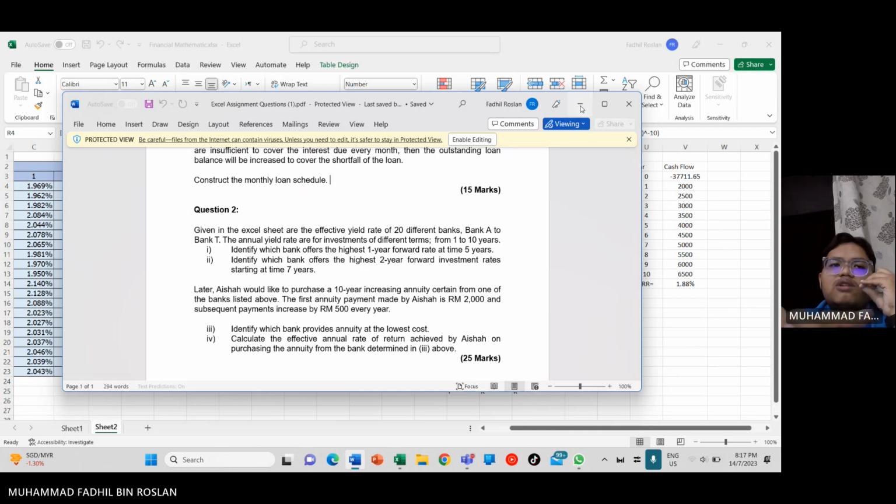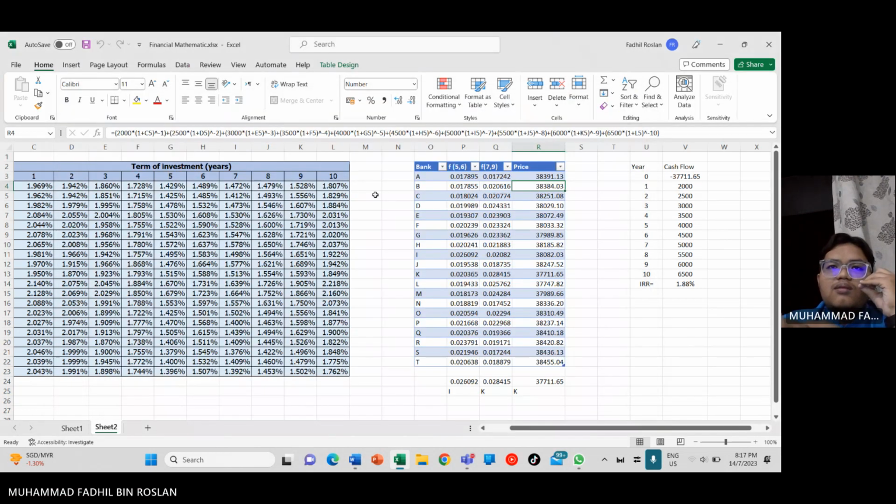Before that, the meaning of forward rate is the contract price for a transaction that will be completed at an agreed upon future date. So how do we calculate the forward rate?